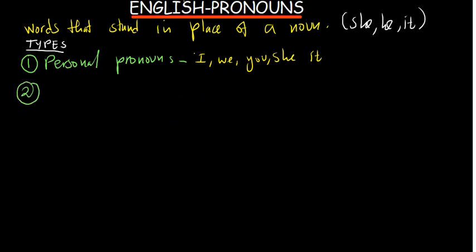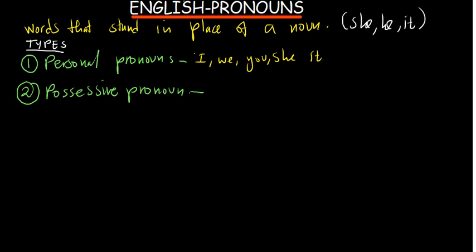And then another type of pronoun is called a possessive pronoun. Now, what is a possessive pronoun? Possessive pronouns are pronouns which are used in place of nouns to indicate ownership.